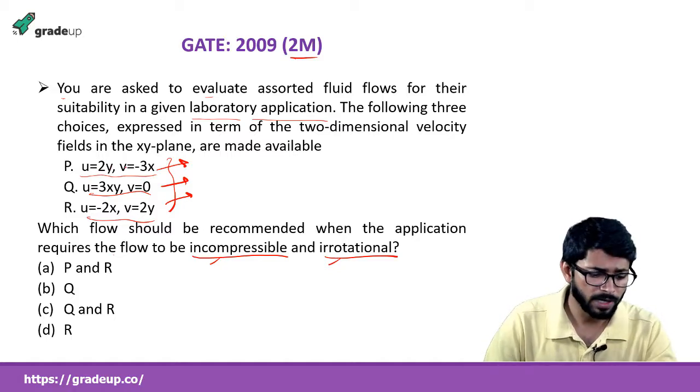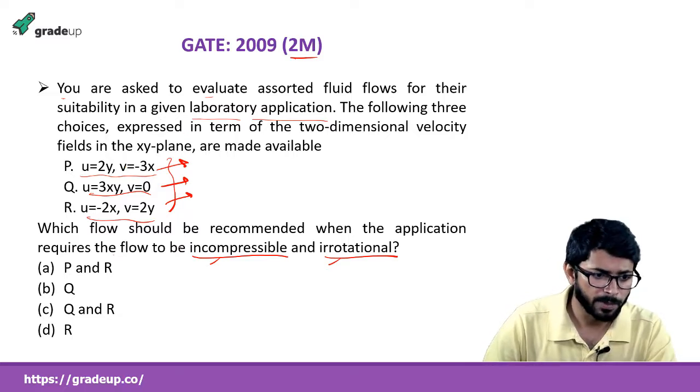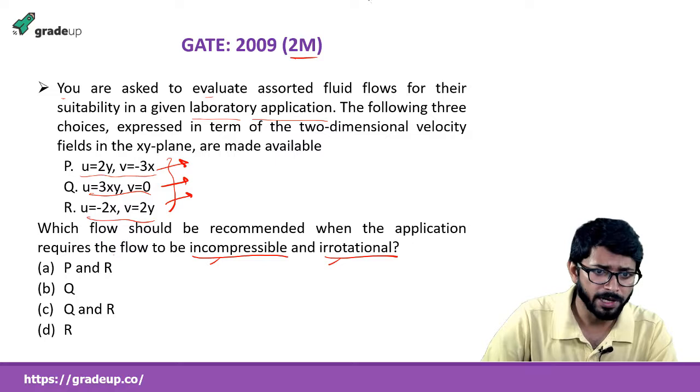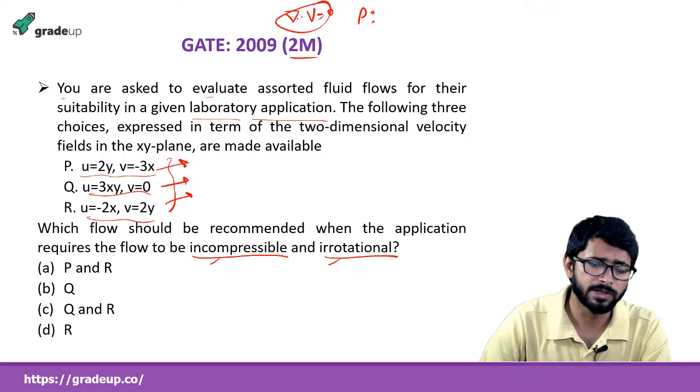So for this we have to check one by one. Let's check for the incompressible flow, for P. For incompressible flow, we know that del dot V should be equal to 0. Divergence of velocity should be 0.